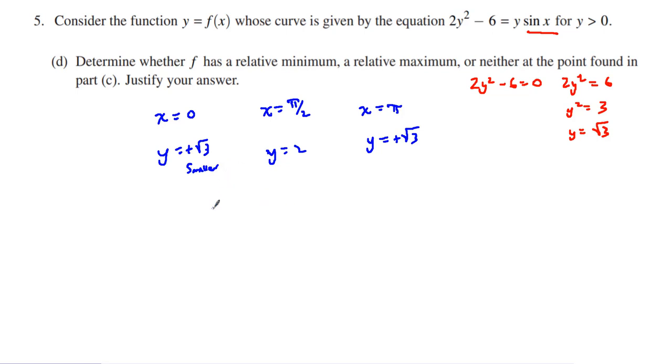Which means my line is going up from a lower point up to this maximum of 2, back down to root 3 over here, which means this point up here is going to be a relative max, because my point at 0 was at positive root 3. At pi, we're back at positive root 3. In this middle point, we are up at positive 2, which is a relative max. That's your amplitude right there.